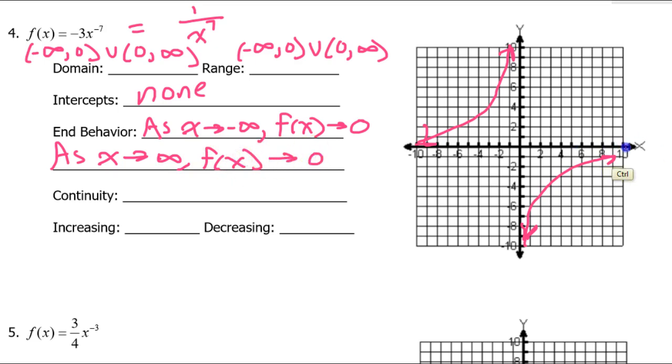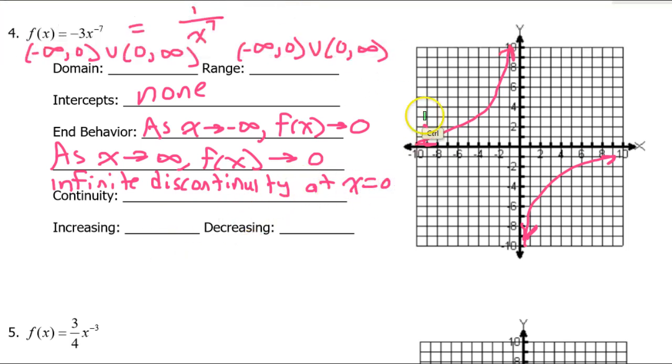On the right-hand side, it's also approaching 0. So there is an asymptote here, so that is an infinite discontinuity. So I'm going to say infinite discontinuity at x equals 0.